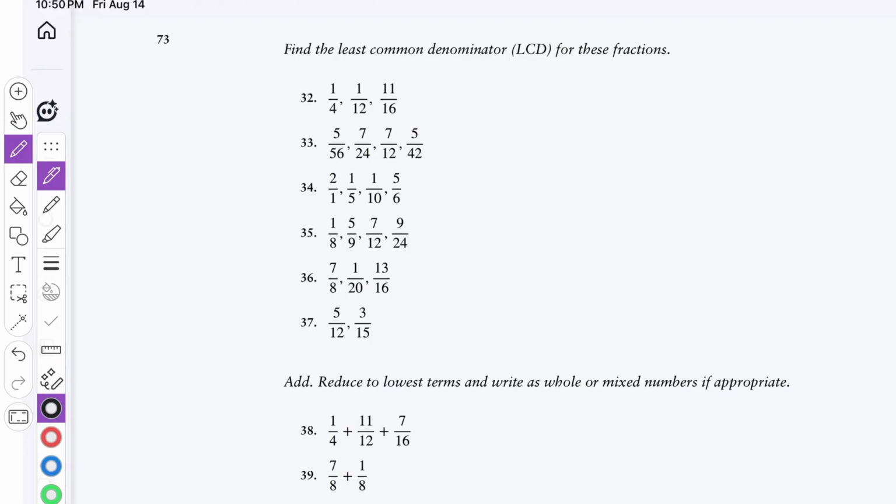So if I count by 16, I get 16, and then I get 32, and then 32 plus 16 is 48. Can 12 and 4 both go into 48? Well, that would be a yes. Okay, so it would be 48. Now, there's other ways to do it. That's my way of doing it. That's my shortcut.